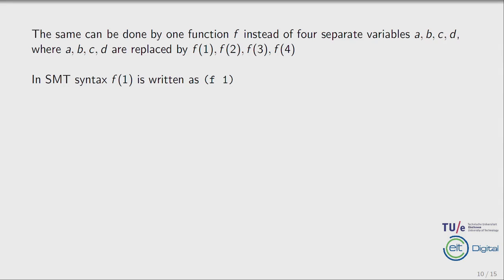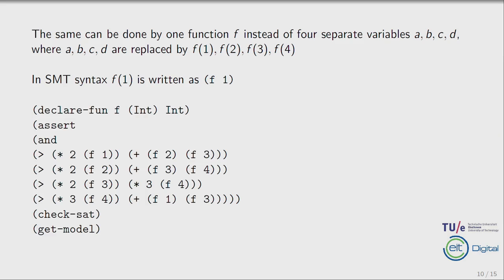It follows the same prefix format, always starting by parenthesis open, then the name of the operator, then the arguments and then the parenthesis closed. And the full formula then reads as follows. And if we apply Z3 on that, we get the solutions, but now for f1, f2, f3 and f4.